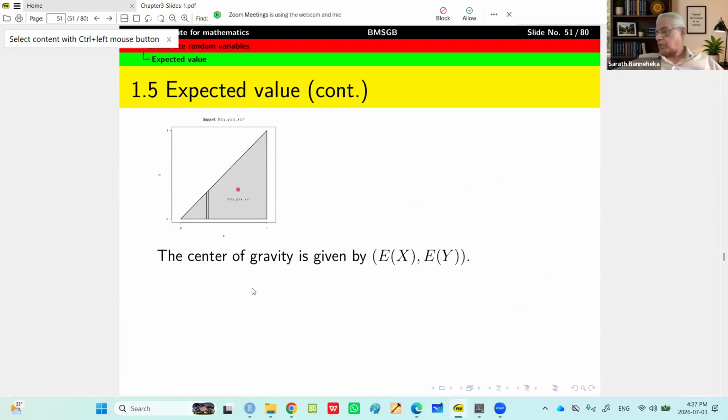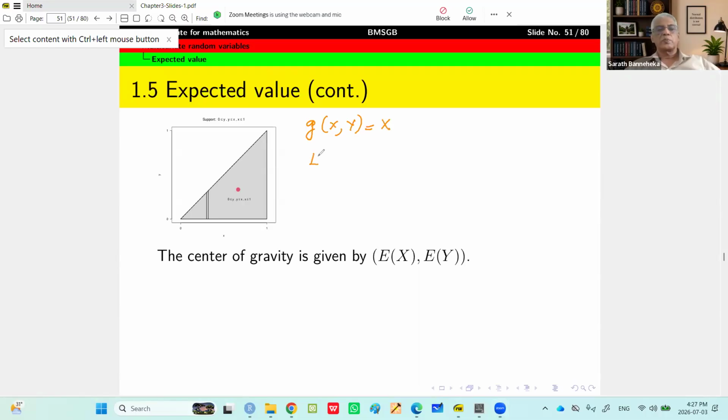So expected value of X. When finding the expected value of X, I'm looking at a particular g(x, y), and in this case g(x, y) is just x.